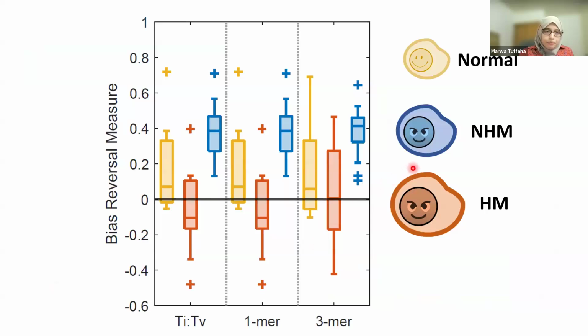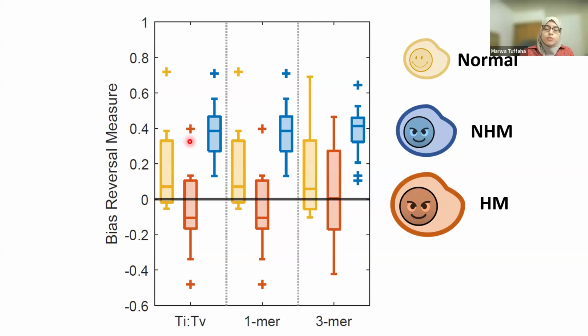So these are the results. These are the distributions across different tissues for the bias reversal measure on the three levels of analysis: the transition-transversion, the 1-mer level, and the 3-mer level. Again, in yellow, blue, and red for normal, non-hypermutators, and hypermutators.